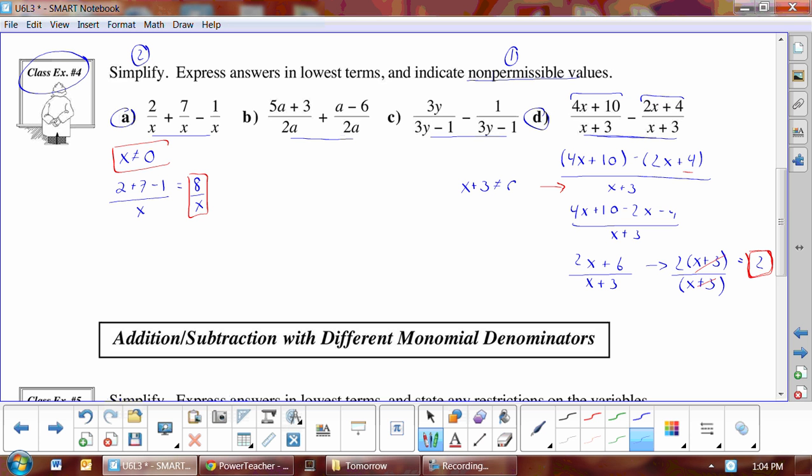So I always start, I go, okay, x plus 3 cannot equal 0. So then you can subtract 3 from both sides. X cannot equal negative 3. X can equal anything in the world except negative 3. Yep. Yeah, so you always want to find your non-permissibles first. Okay?